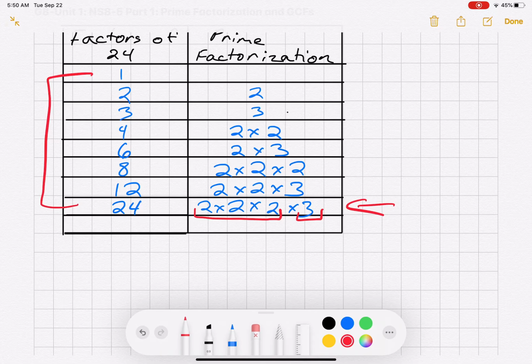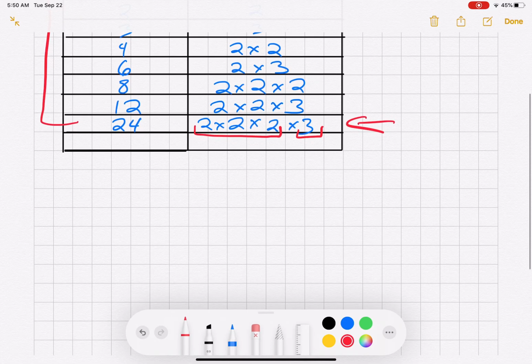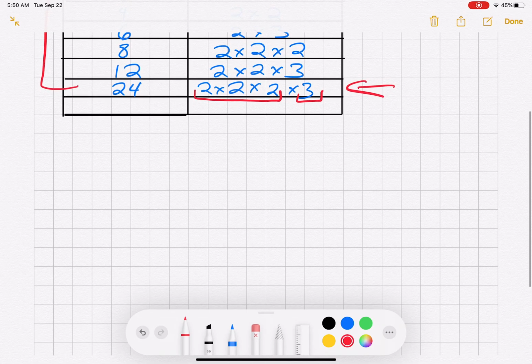Okay, so let's do the prime factorization of 12 and 15. I just want you to do those right now as well. All right, so the prime factorization of 12 is 2 times 2 times 3, right?